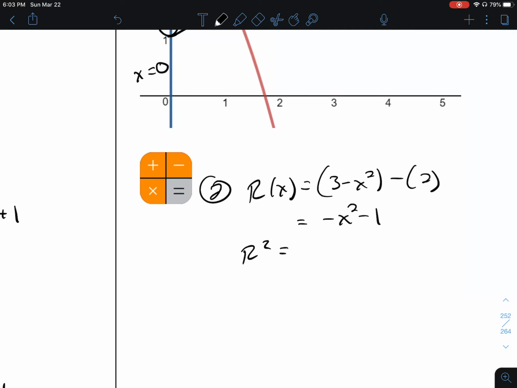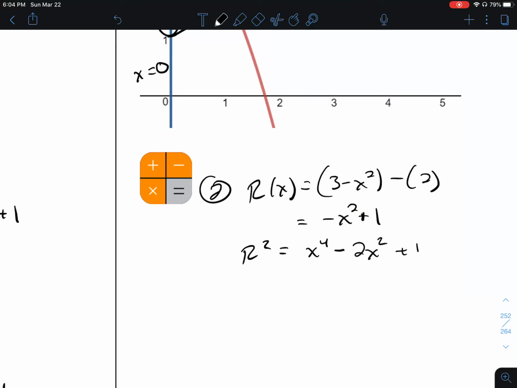Well, what's r squared going to be? If we square that, we're multiplying it by itself. We're going to end up with x to the fourth plus 2x squared. You know what? I got this wrong. This right here should be a plus 1. 3 minus 2 is a positive 1, which makes this minus 2x squared.